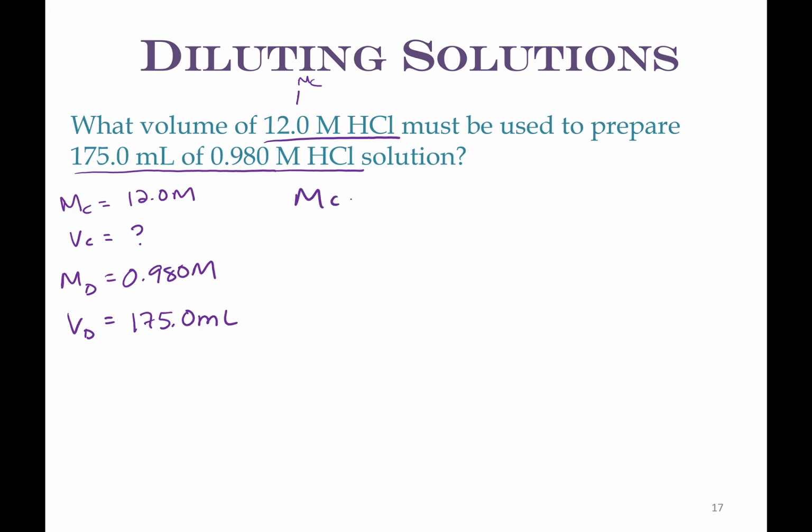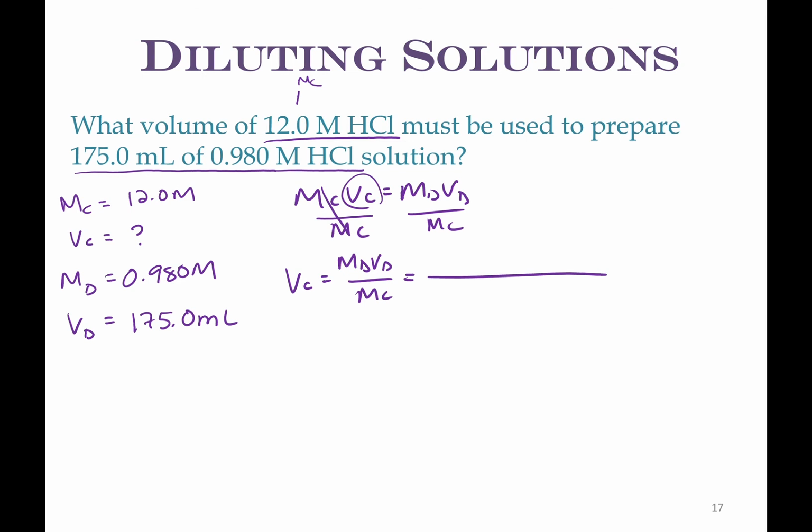So MC VC is equal to MD VD, and we want to solve for VC, so we divide both sides by MC. So VC is equal to MD VD divided by MC, and that would be 0.980 molar times 175 milliliters divided by 12.0 molar.